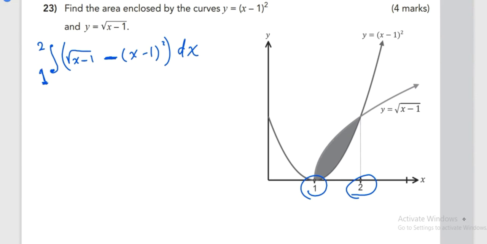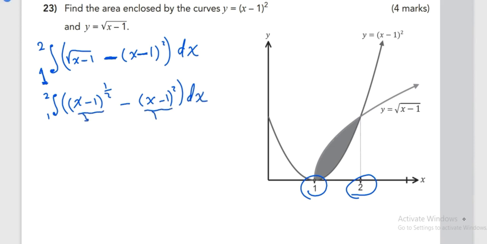The value we get is the area. Before integrating, as we said before, we have to simplify as much as we can: get rid of roots, denominators or brackets. Here we have a root, so we have to change its form. It will be (x minus 1) to the power 1 over 2 minus (x minus 1) to the power of 2 dx. Here we have two parts, so we'll integrate each part separately.